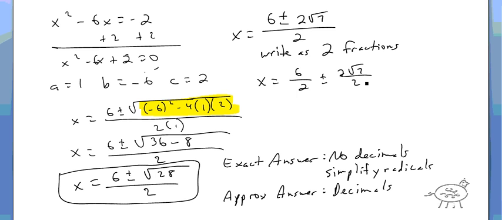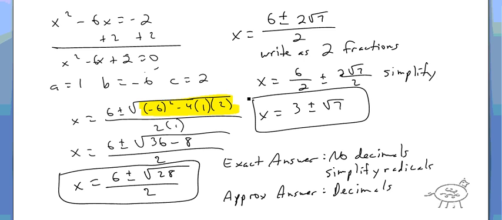All right? And then simplify. We get x equals 6 over 2 is 3, plus or minus 2 root 7 over 2 is just root 7. And that is my answer. That's my exact answer. Okay, very important. It's my exact answer.